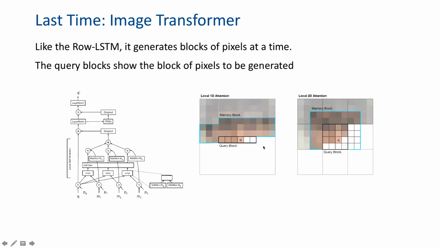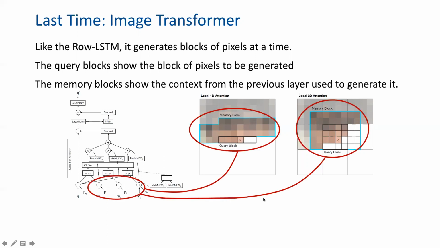Some of the variations of that include the image transformer, where you take either short rows of output produced from some context, or you can even produce square or rectangular blocks of output given a bigger input context. And it's autoregressive in the sense that the output is conditioned on some of the input.